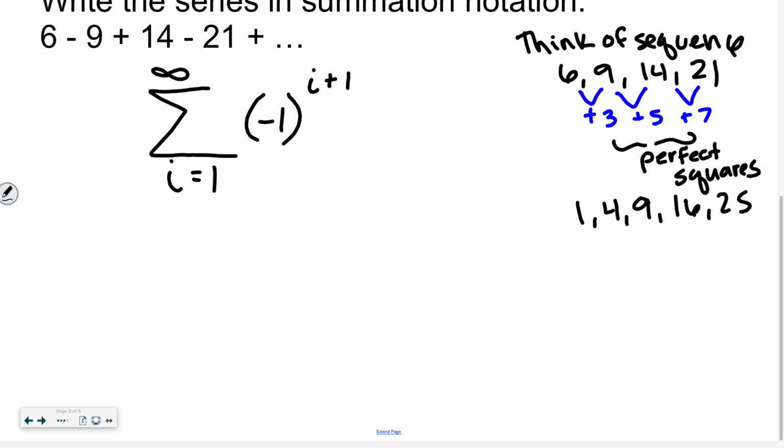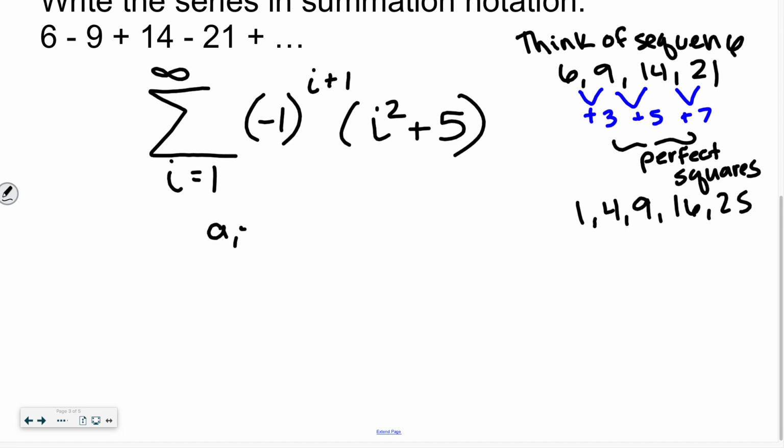Can you add 5 to your perfect square? So the perfect square is i squared plus 5. Okay, let's check that out. Let's try one.